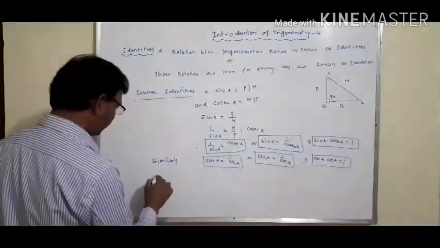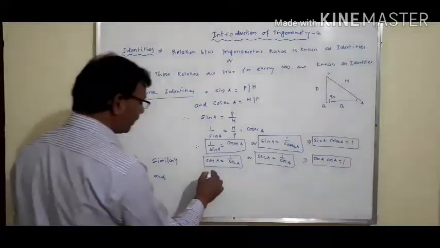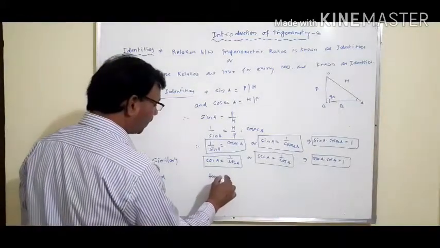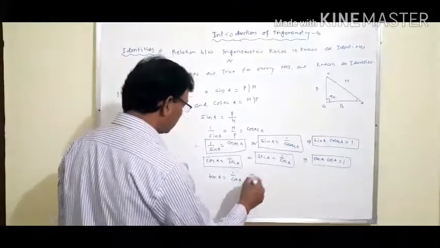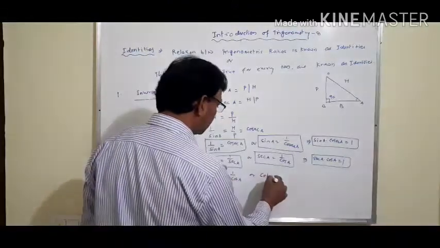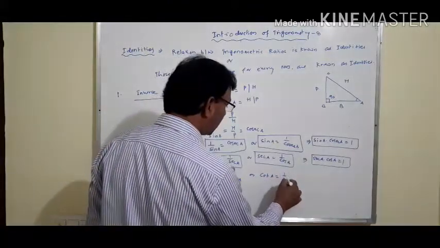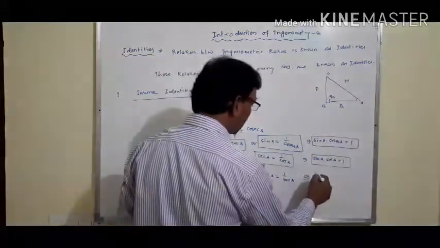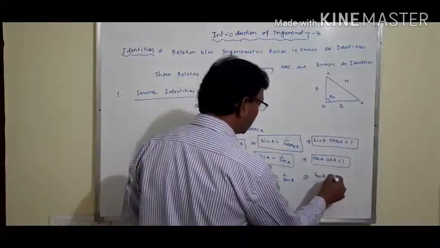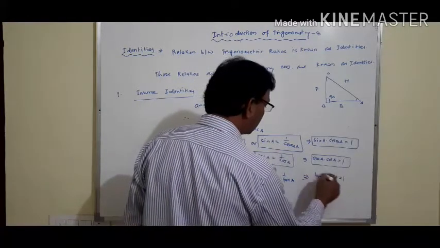And tan of A equals 1 upon cot of A, or cot of A equals 1 upon tan of A, and they give the same result: tan of A into cot of A equals 1.